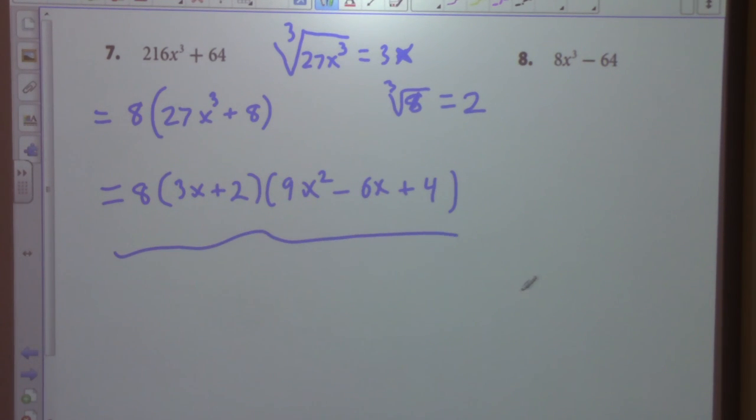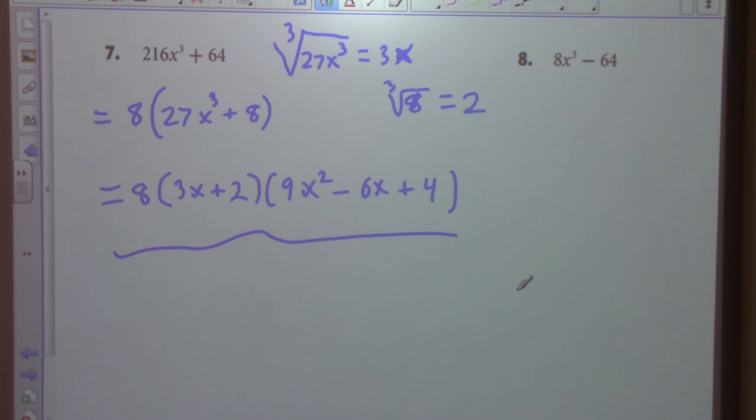Yeah, that's our answer. Now, somebody did ask me, it was Haley who asked me in second period, if this second parentheses, 9x squared minus 6x plus 4, can be factored. Can that be factored?